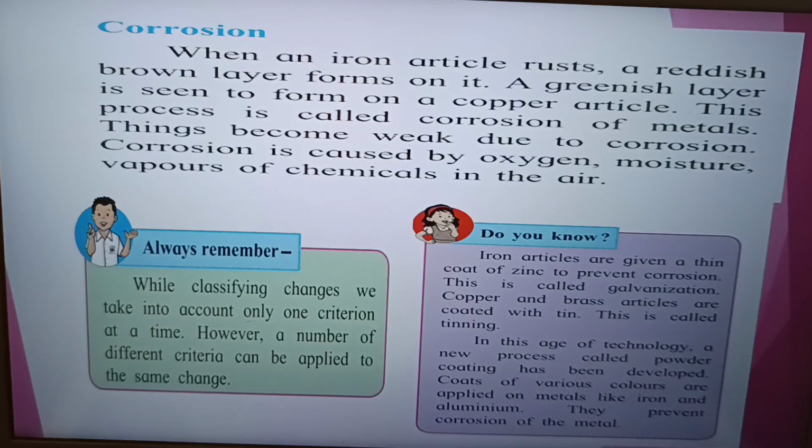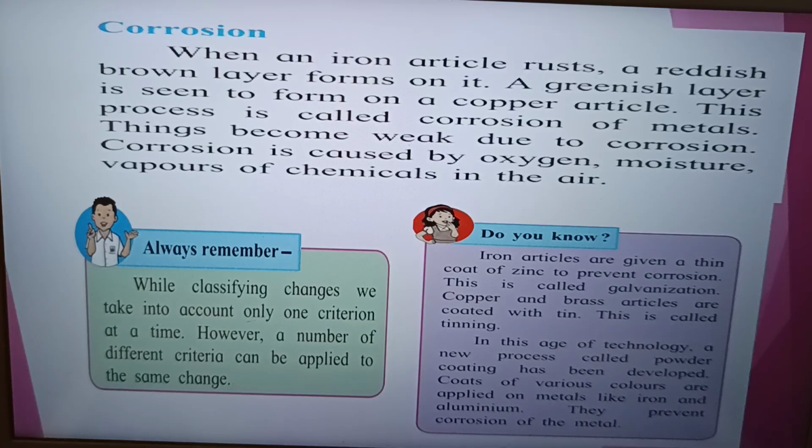So with the same example, you are showing two criteria: it changes into the liquid form, and later it changes into water vapors. So the same thing can be used to show different criteria.